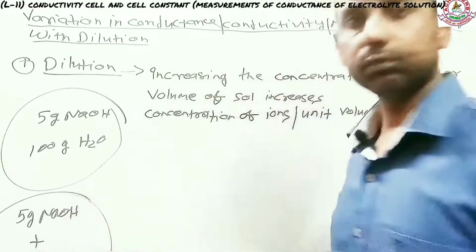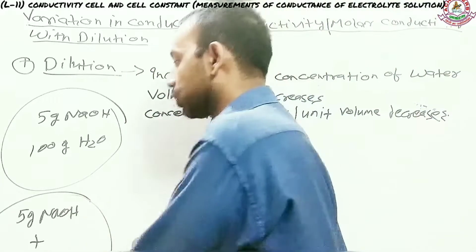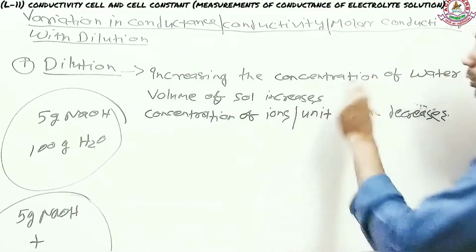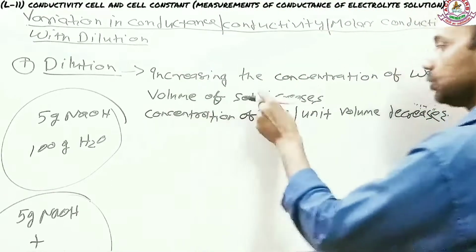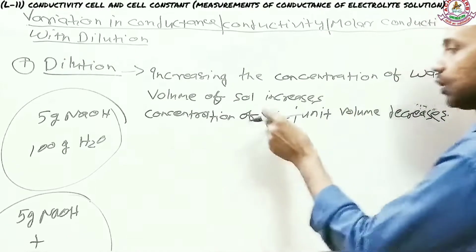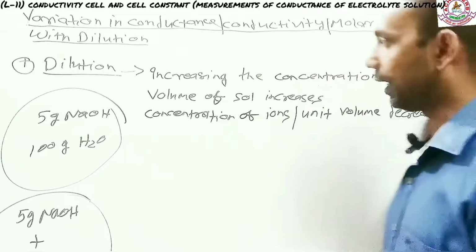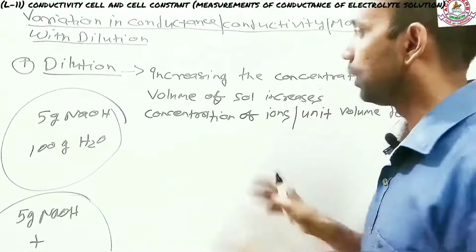This is what is called dilution. You are increasing the concentration of water. Now, if you dilute a solution, the volume of the solution increases, but the concentration of ions per unit volume decreases. I hope this was really simple and you have understood.